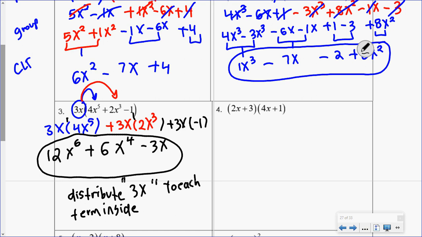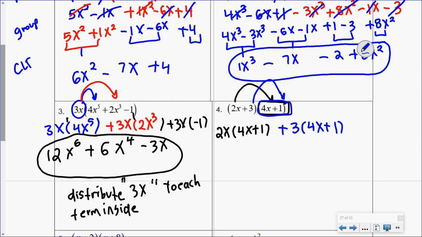But how do you deal with the cases where you have a binomial times a binomial? Well, first, we say 2x times this second expression, so 2x times 4x plus 1. That's the first thing. Then we say 3 times the second expression. We'll break that first group apart. Plus 3 times 4x plus 1.